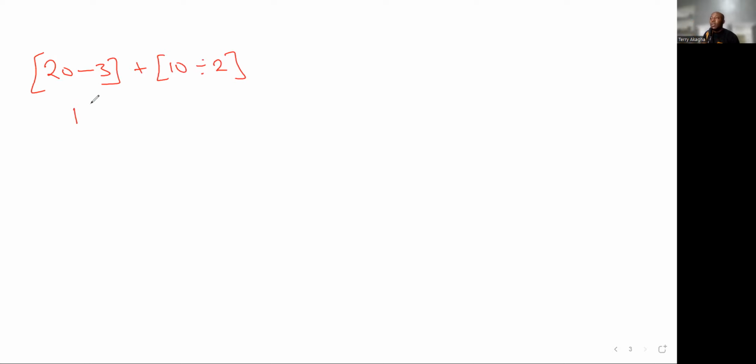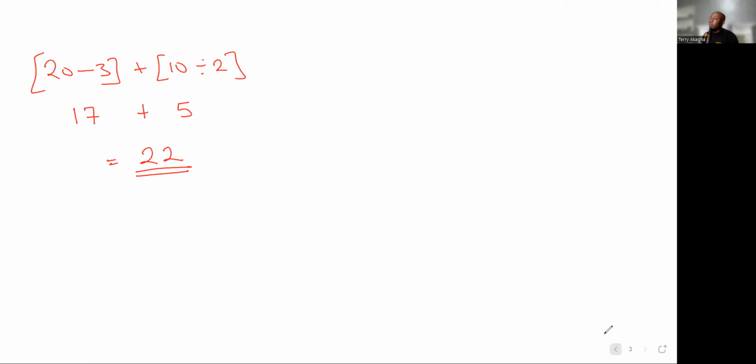So this is going to be 20 minus 3 will give us 17. 10 divided by 2 will give us 5. Then 17 plus 5, and that will give us 22. Is that okay? And that will be the answer for that.